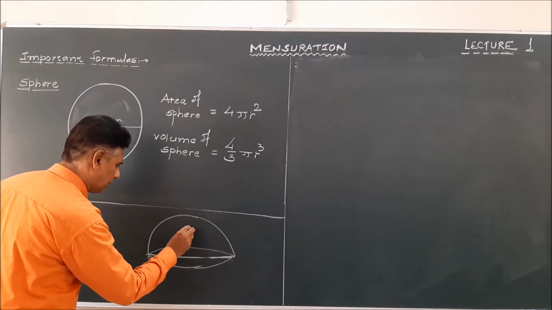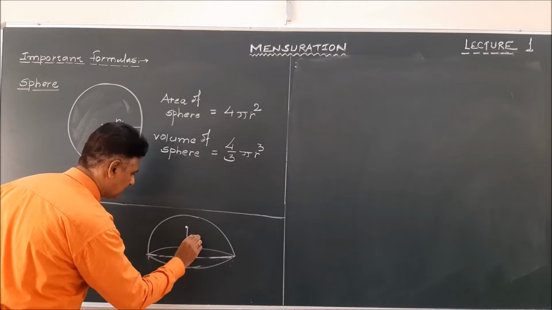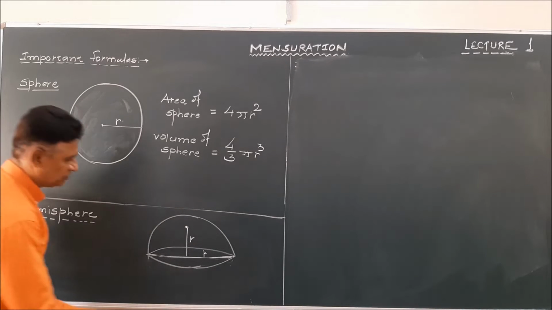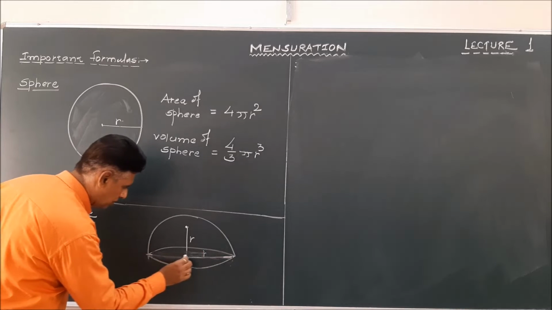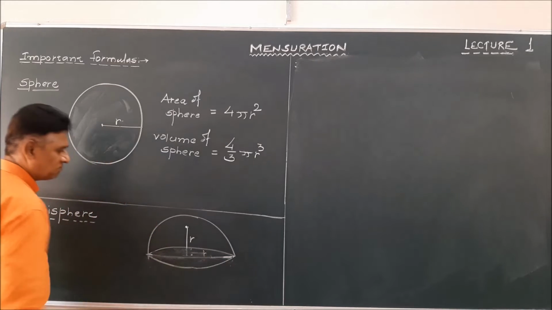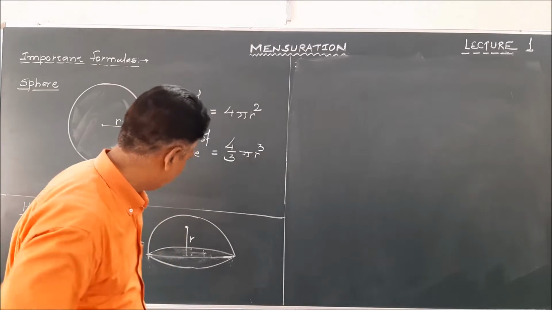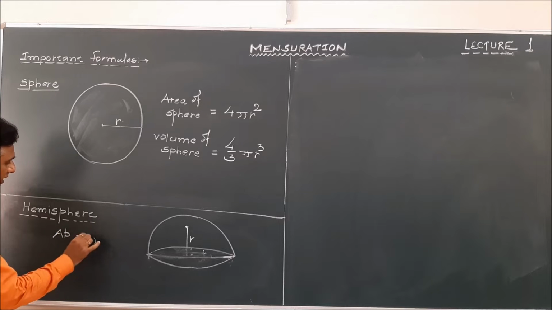So you will find here, this is radius as well as this is also radius for this hemisphere. And notice, very important, base is of circular form. So here once again I say area of base is pi r square.